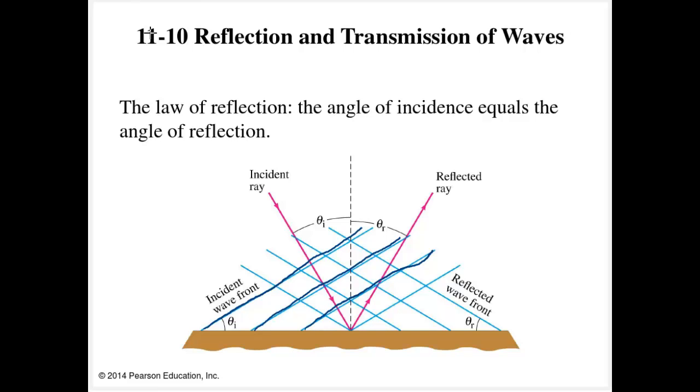What's going to happen is the incident ray is going to come into the shore, and the angle of the reflected ray is going to be equal to the angle of the incident ray. So what that means is the waves that are bounced off of the shore are going to have their wave fronts along in that direction.